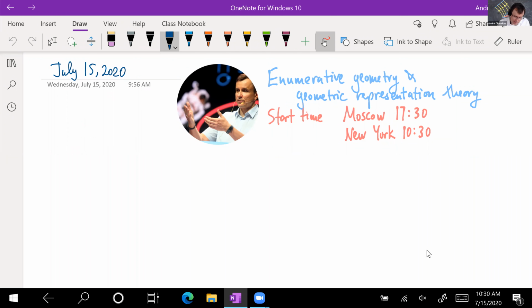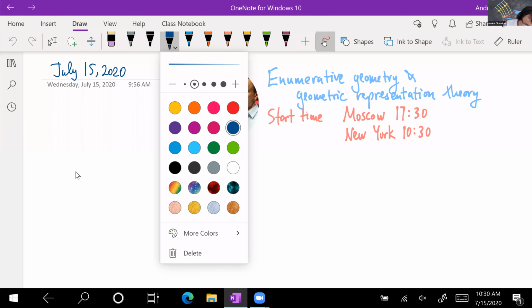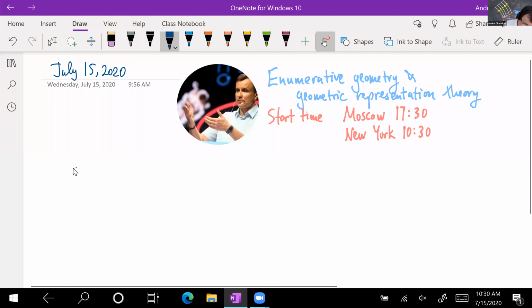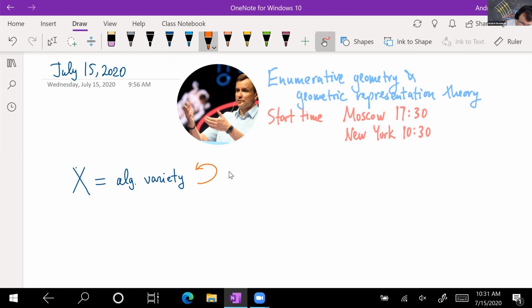The setup: we had some algebraic variety X, with an action of a torus.